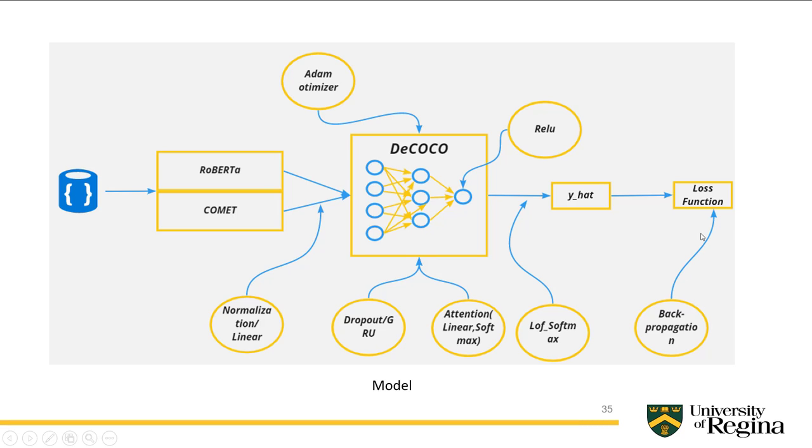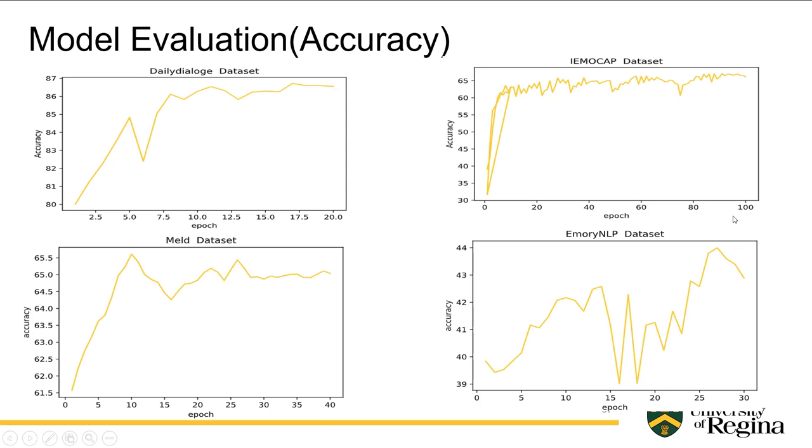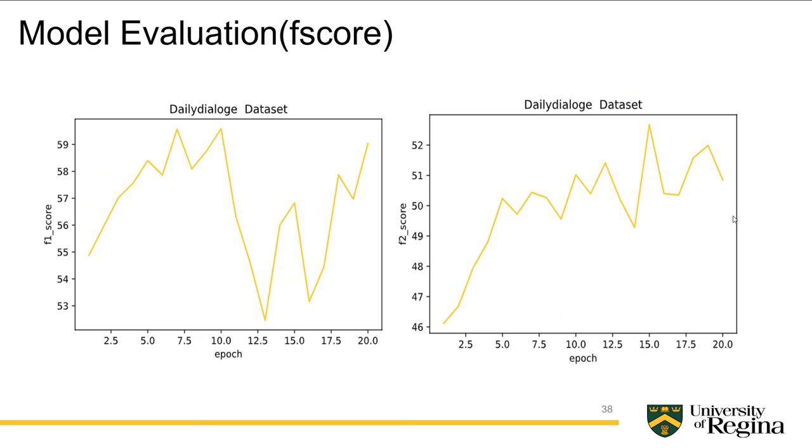As you can see in this picture, after forward and backward propagation happen, an accuracy function is applied to measure the accuracy of the model, and you can see the accuracy for the different datasets. Because all of the datasets are imbalanced, F-score is a better measure compared with recall and accuracy, and therefore we applied the F-score to the results.